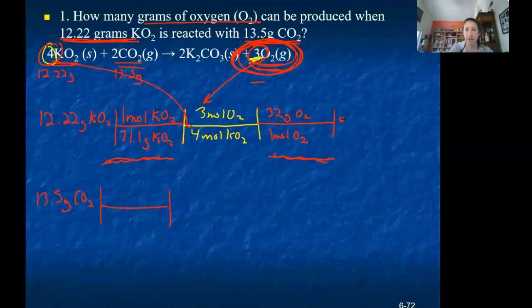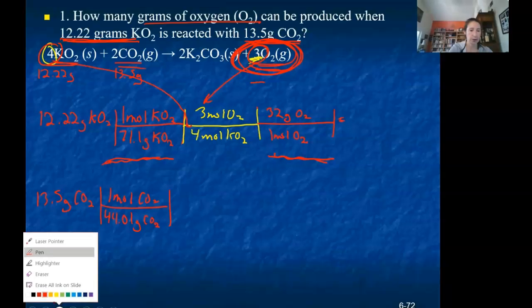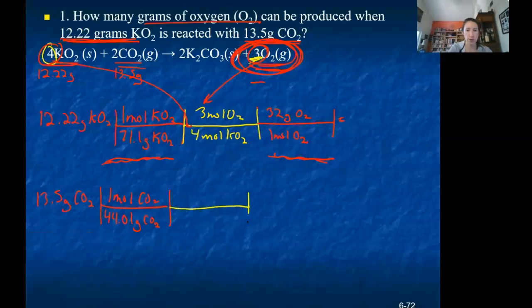I haven't put this in my calculator. This one, it's 44.01 grams of CO2. Again, molar mass. 1 mole of CO2. This time, again, here's the only new piece we have. 2 moles of CO2.